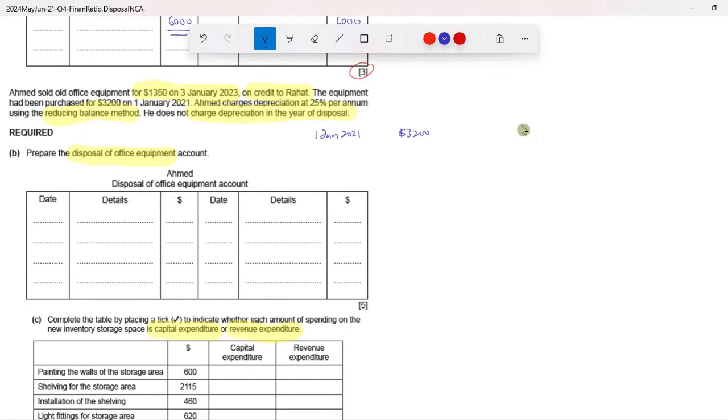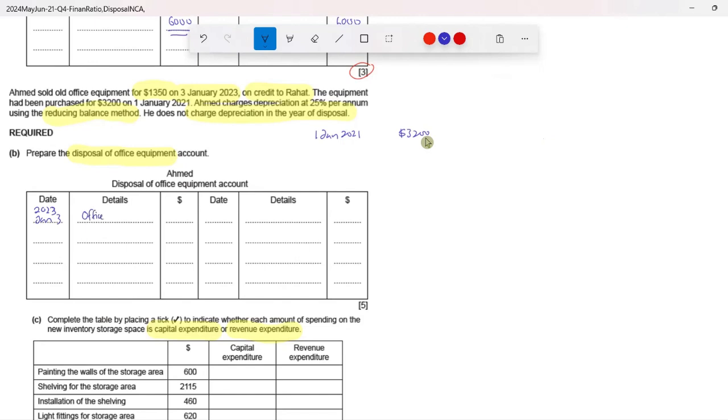So the cost of the office equipment will be credited from the non-current asset account to debit the disposal account. And disposal happened on 2023, January 3rd. Okay, so the asset office equipment will be credited to debit here.